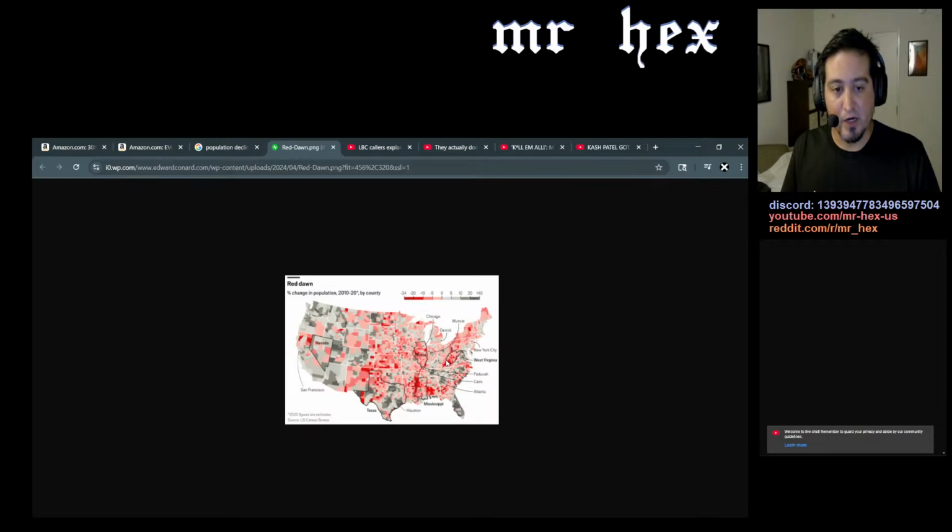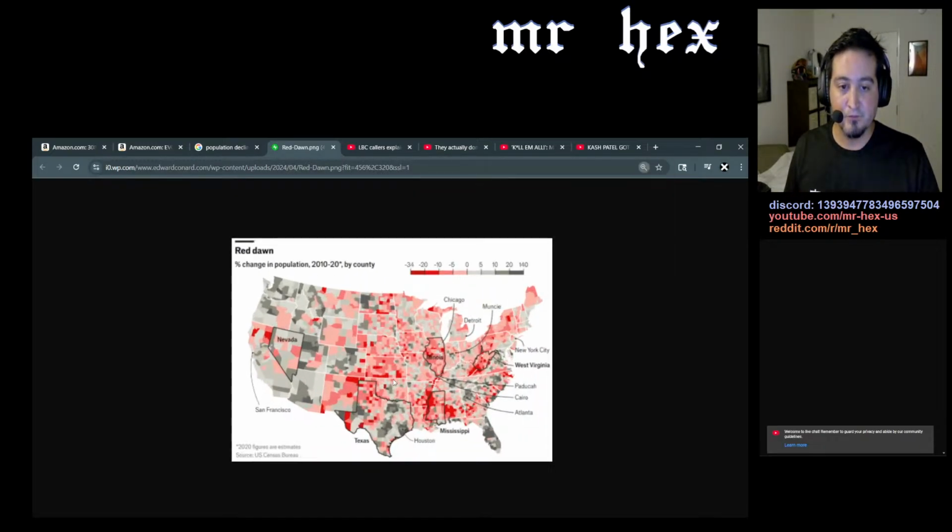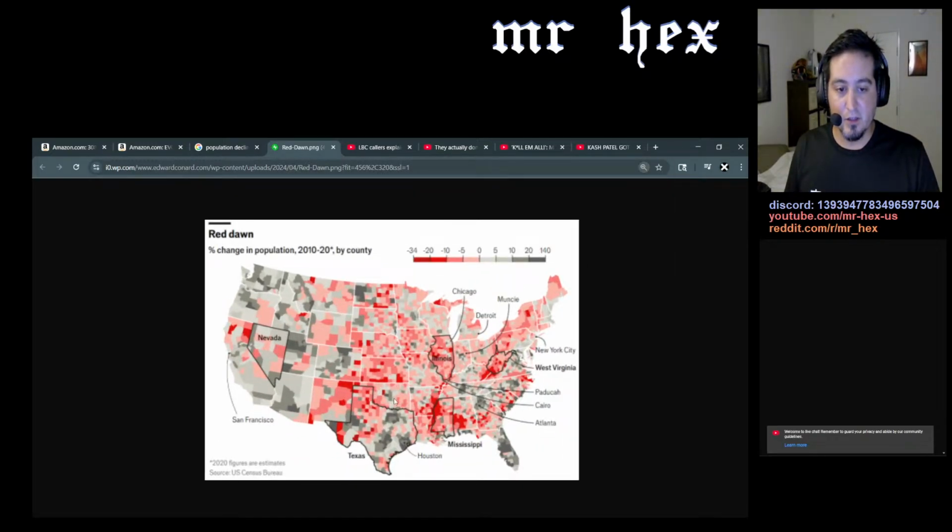Where is the most population decrease in this graph? It is in the rural, conservative, red state areas. But you didn't know that. And the general public doesn't know that, because the only thing we've been talking about is a little amount of decline in California. And so everything else is out of sight and out of mind.